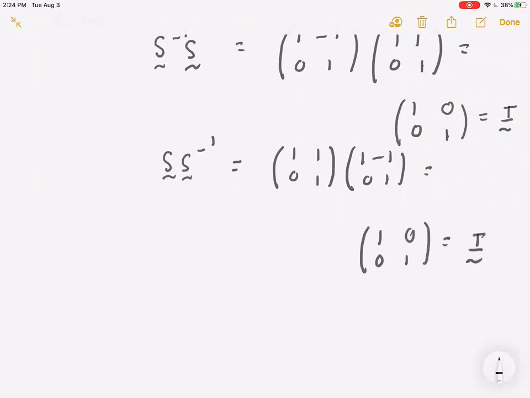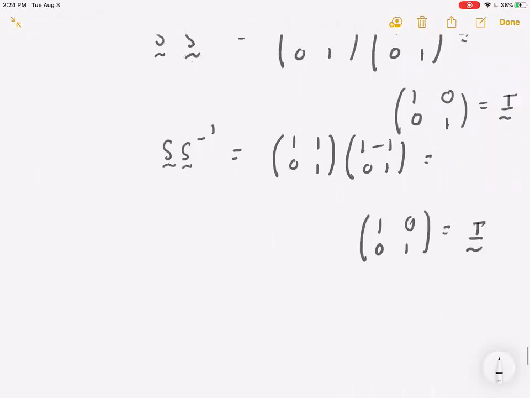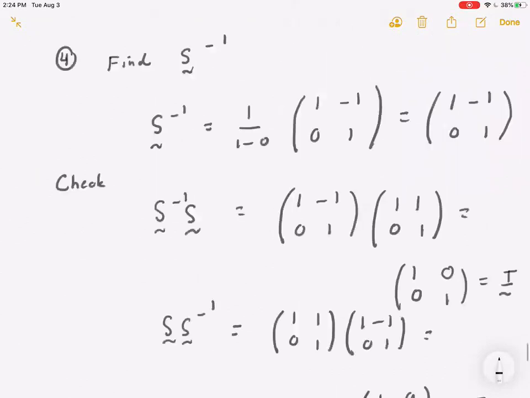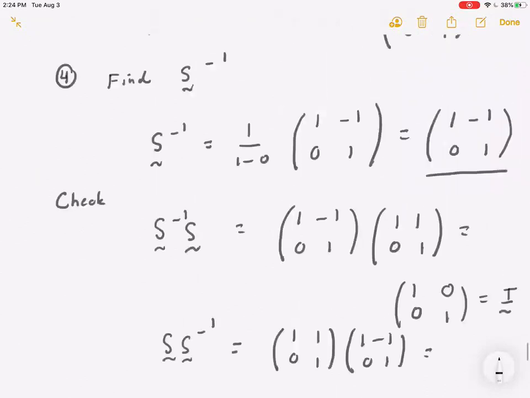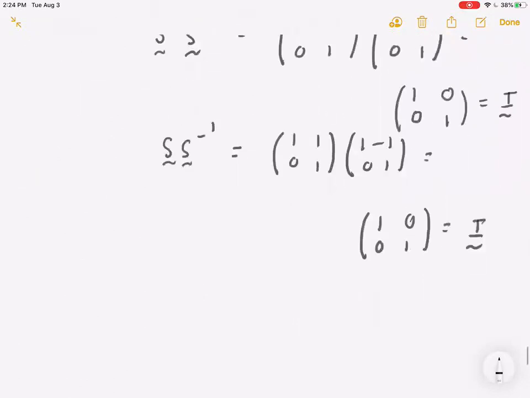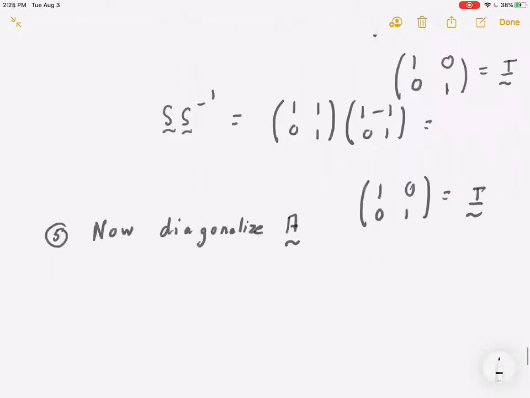So you have the right expression for the inverse of S. Okay, what's next? Now let's diagonalize A. We know how to do that.